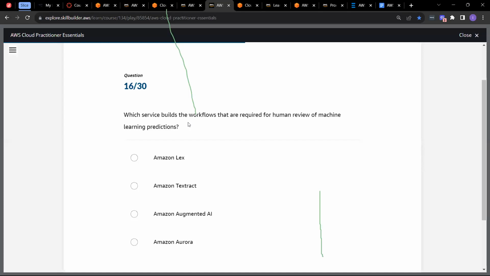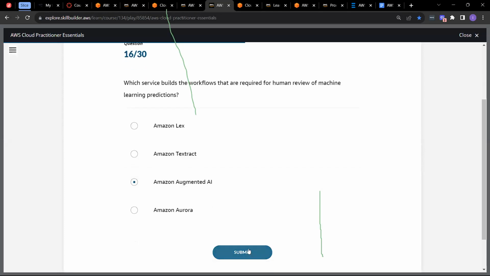Virtual is different from augmented. We get VR, we get AR. Augmented reality is your environment. So I'm thinking that Augmented AI has something to do with that. So I'm sure it's augmented, of course.